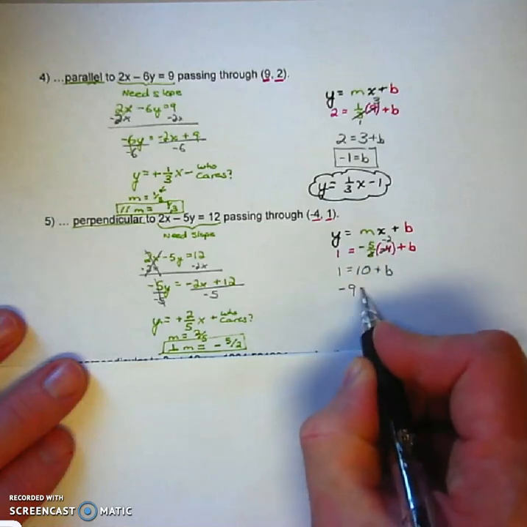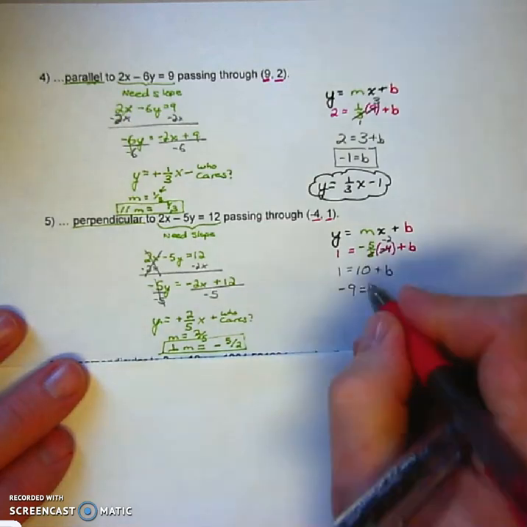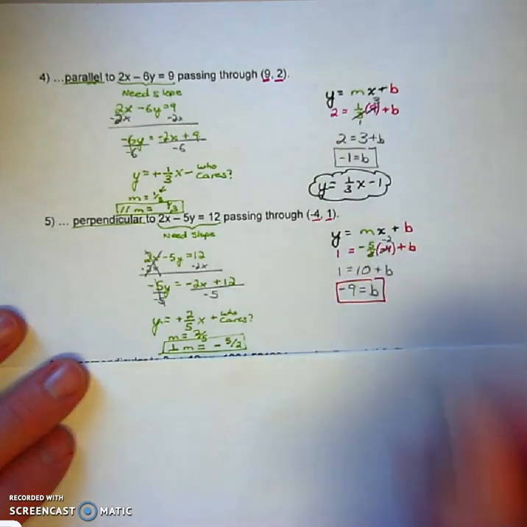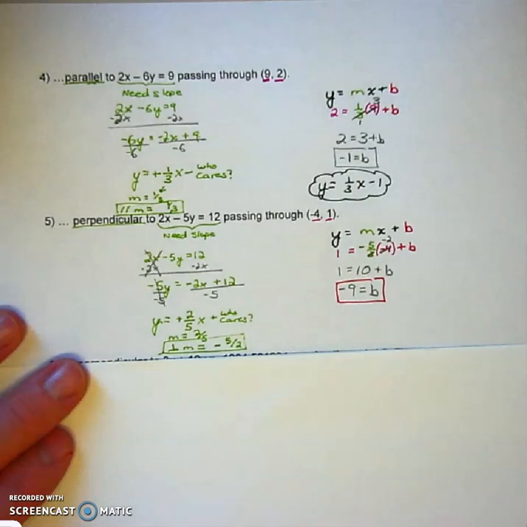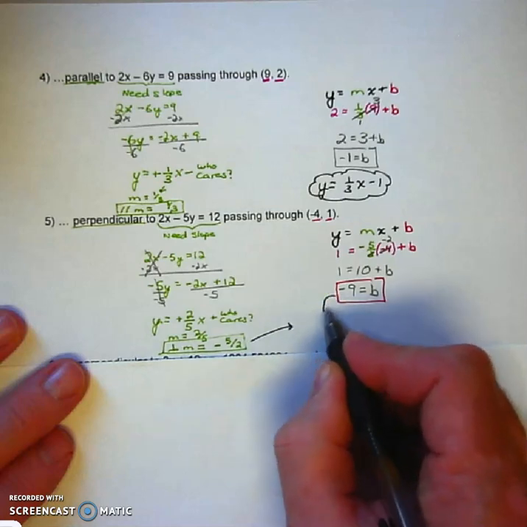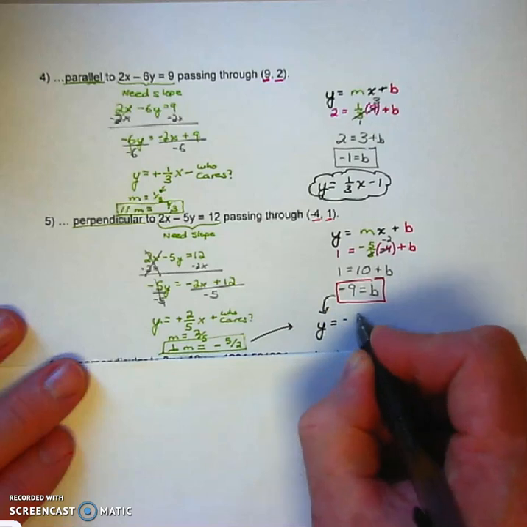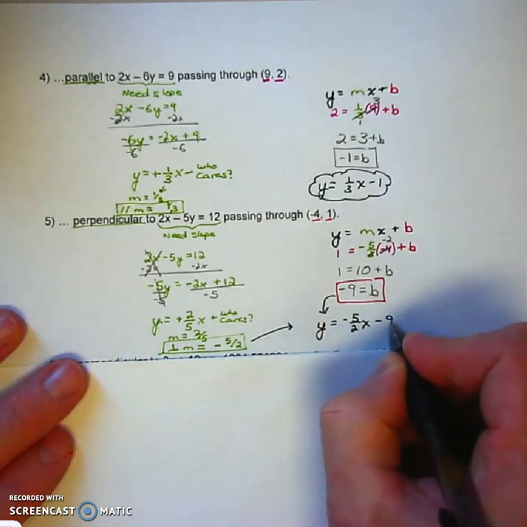So it looks like my b is -9. That is the y-intercept that I want to use. So when I write the equation of this line, this is my slope, this is my y-intercept, and I get y equals -5/2 x minus 9.